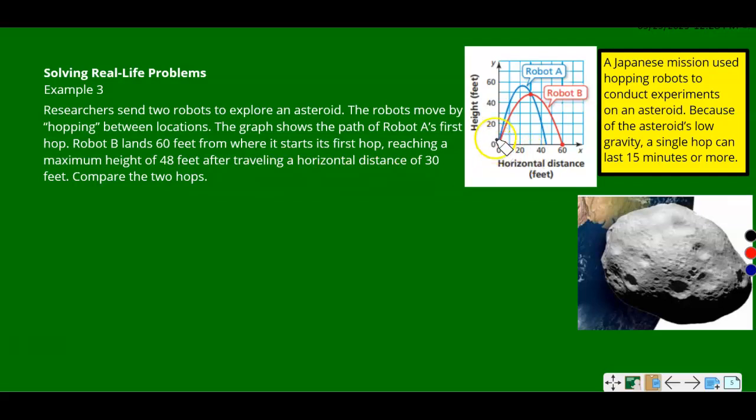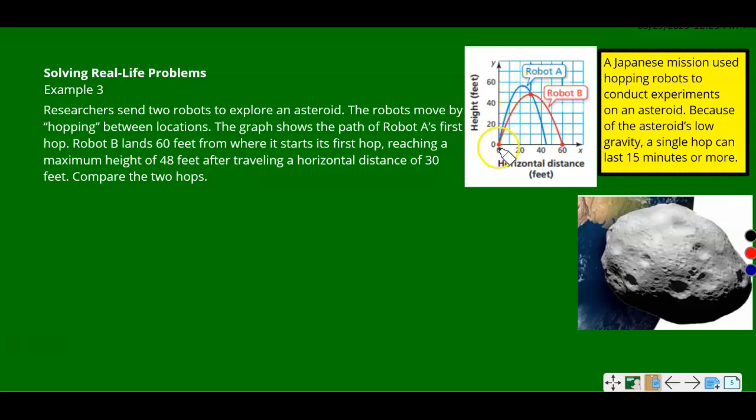We can see that both of them have parts of the graph that are increasing and both of them have parts of the graph that are decreasing. We can see that the maximum height for robot A is greater than robot B, and we could estimate what the difference of those maximum values would be.